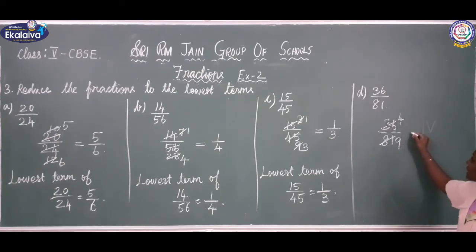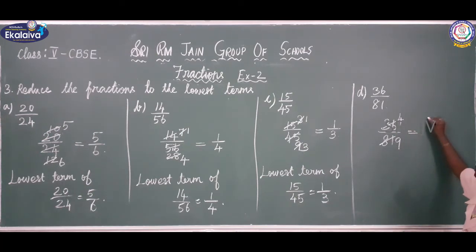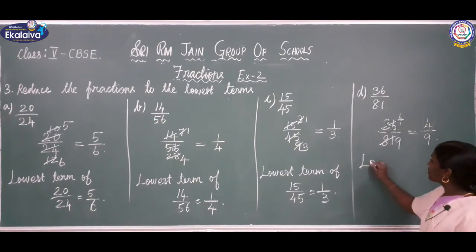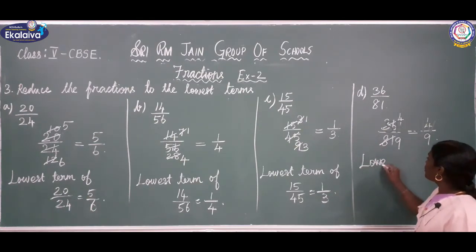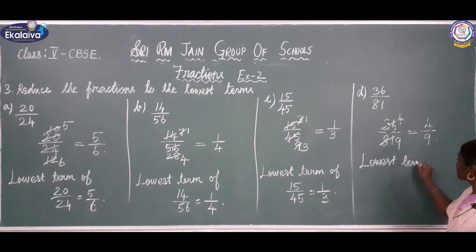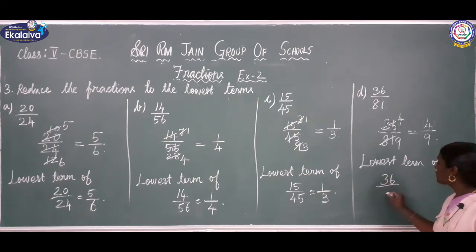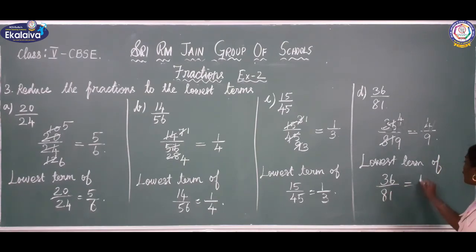So 4 and 9 are co-prime numbers. So 4 by 9 is the lowest term. Lowest term of 36 by 81 is 4 by 9. Was it clear, children?